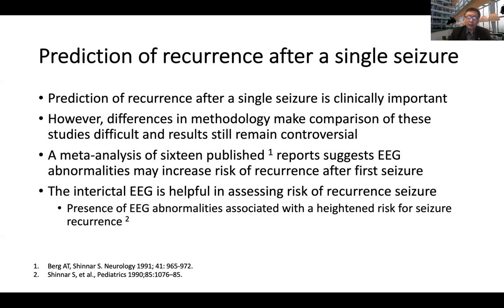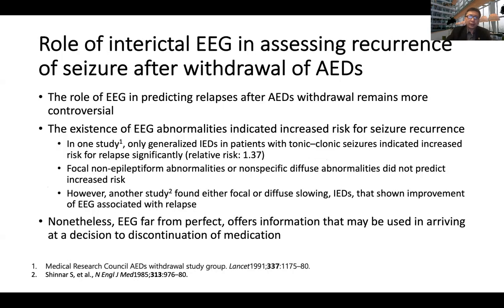The presence of EEG abnormality is associated with a heightened risk of seizure recurrence. The role of EEG in predicting relapse after antiepileptic drug withdrawal also remains controversial. The existence of EEG abnormality indicates an increased risk of seizure recurrence.